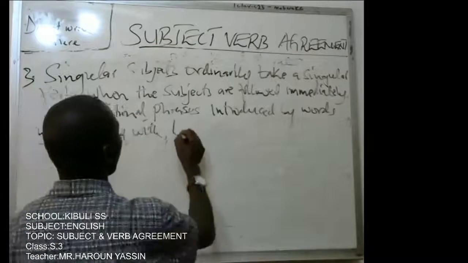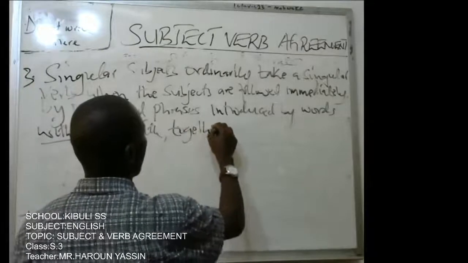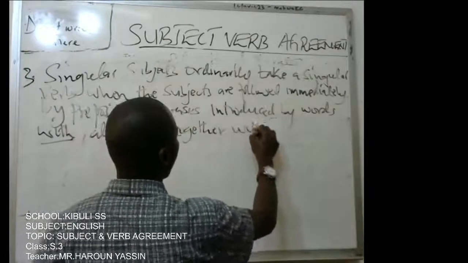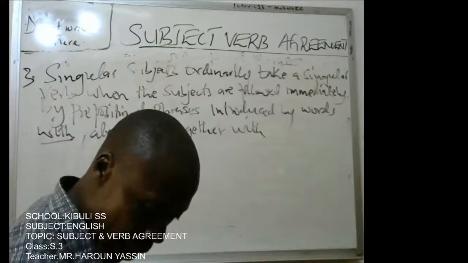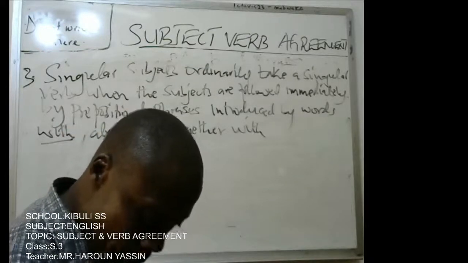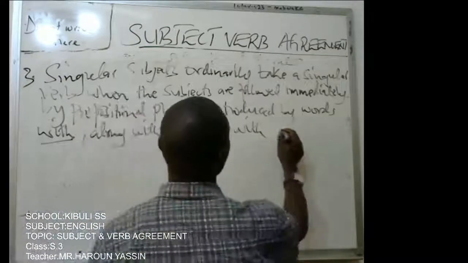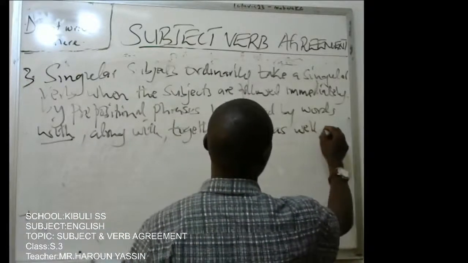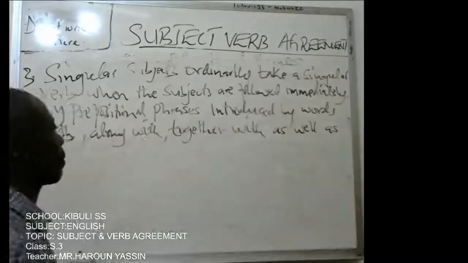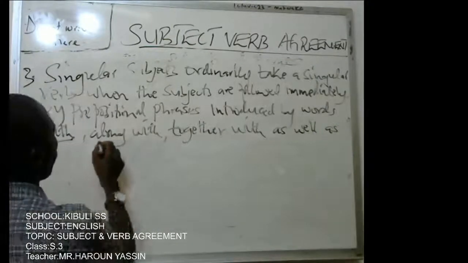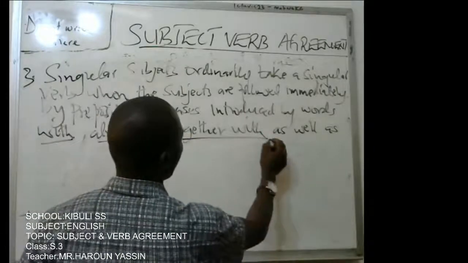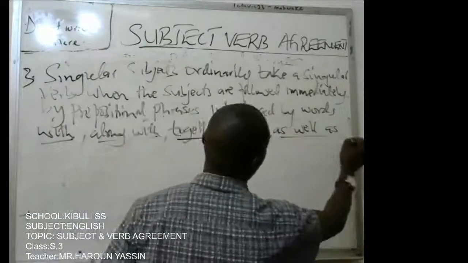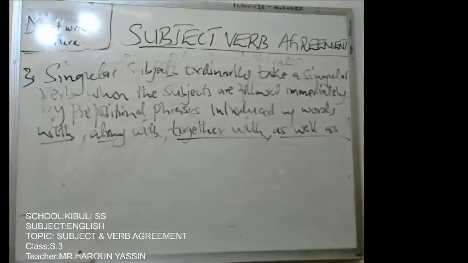Together with, and then as well as. Okay, as well as. So these are what we are calling the words that introduce the prepositional phrases. So we have seen in the examples.